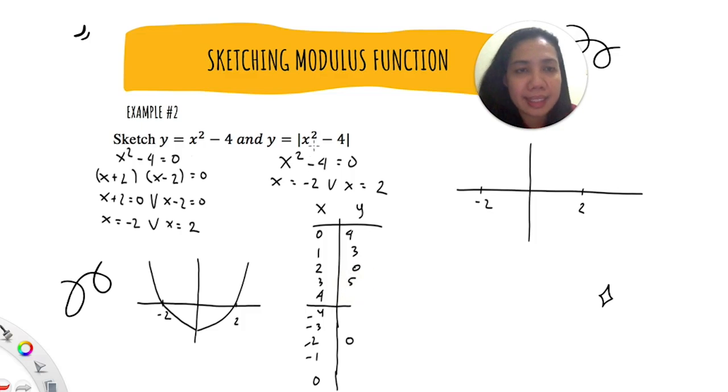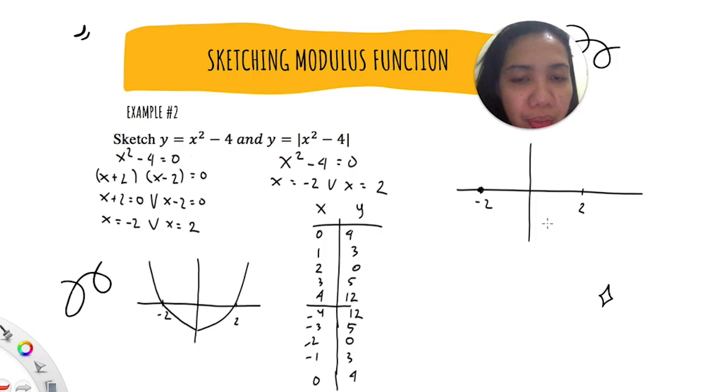For 4, 4 squared is 16, 16 minus 4 is 12. For minus 4, minus 4 squared is 16, 16 minus 4 is 12, so here we have 12. For minus 3, squared is 9, 9 minus 4 is 5, so here we have 5. For minus 1, squared is 1, 1 minus 4 is minus 3, so here we have 3. For 0, 0 minus 4 is minus 4, and the absolute value is 4.